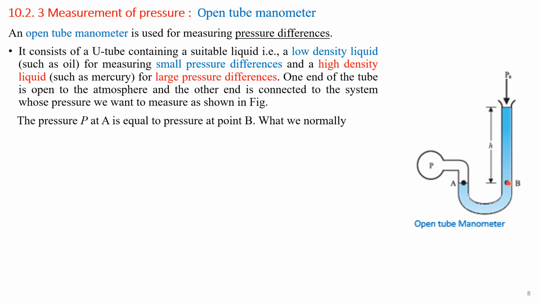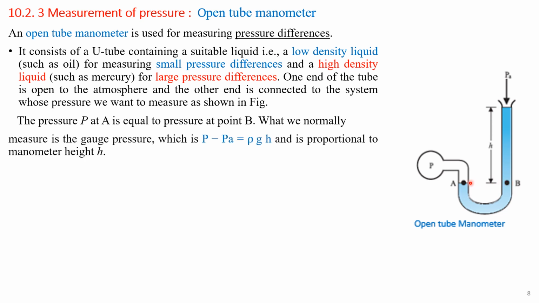What we normally measure is the gauge pressure, which is P minus P_A equals rho g h, and is proportional to the manometer height. h, as shown in the diagram, is the height of the gauge pressure.